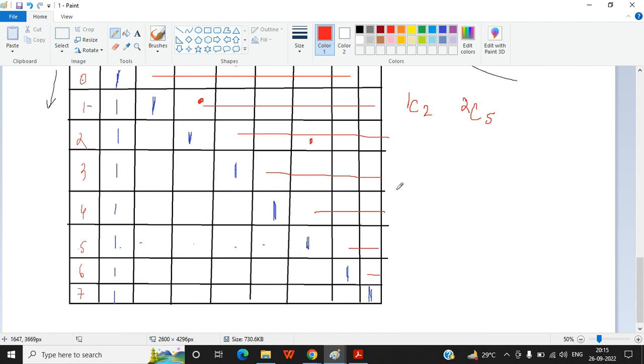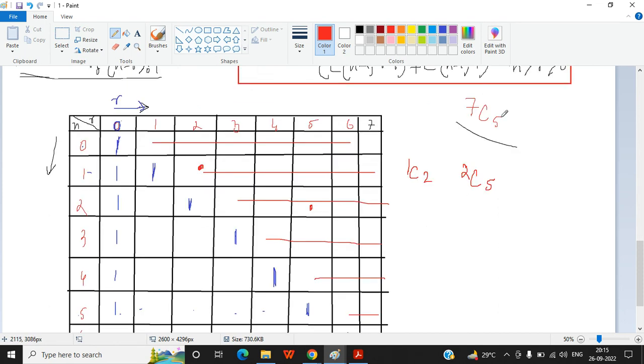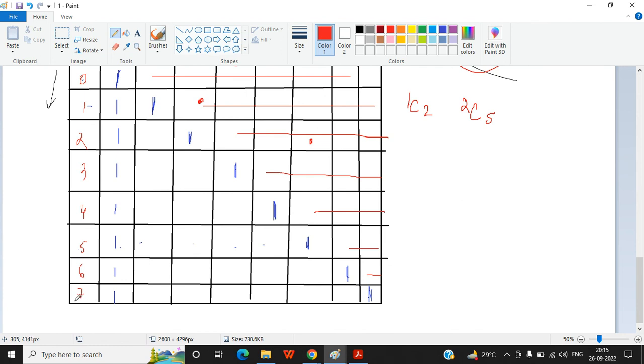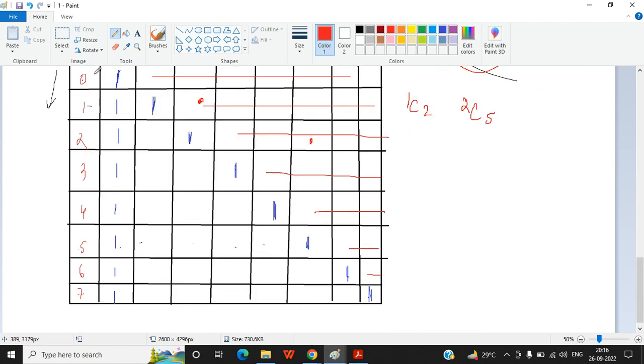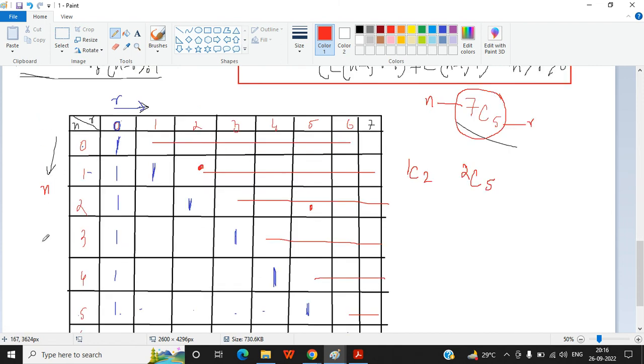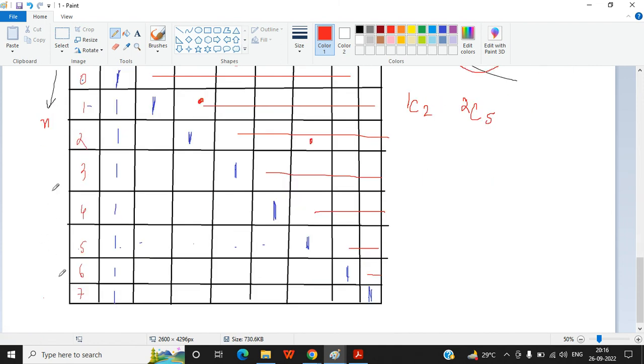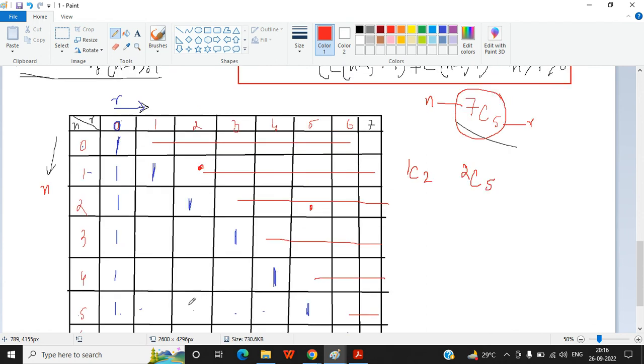Among these cells, we need 7C5. What is the n value? 7 is the n value, and 5 is the r value. This is your n, which means these rows, so this is your 7, and this one will be your 5.